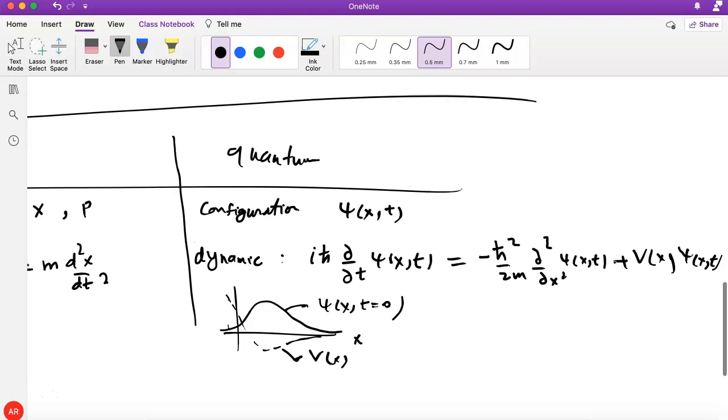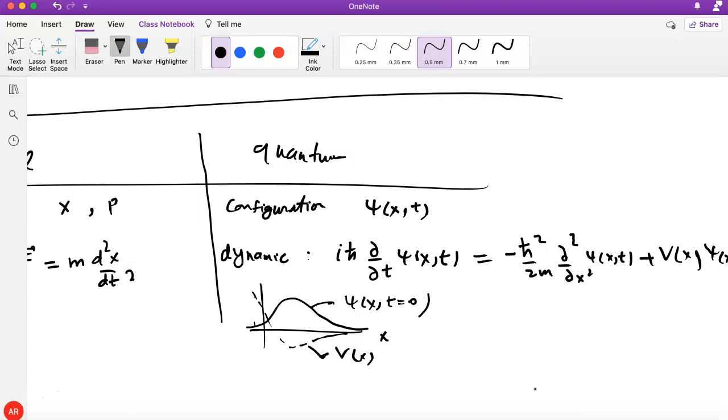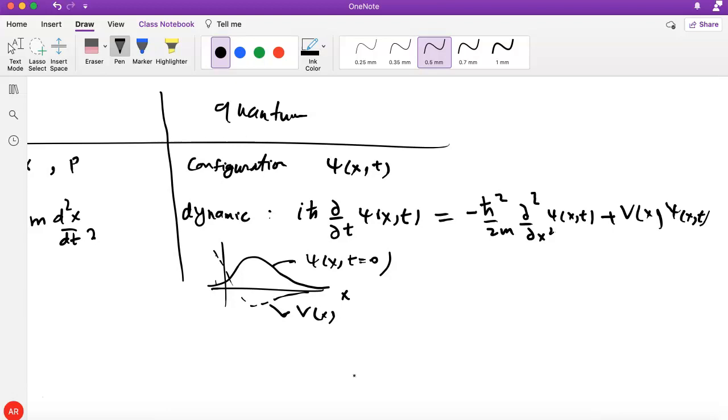The derivative of the potential is the force, so it makes sense. If you have a potential with a well here, you would expect the particle wants to go to the bottom of the well or be confined in that well. And basically the effect is generally some kind of spreading out. So as time goes on, the particle may be found in more places as affected by the potential.